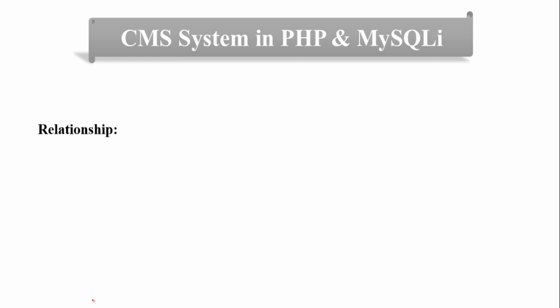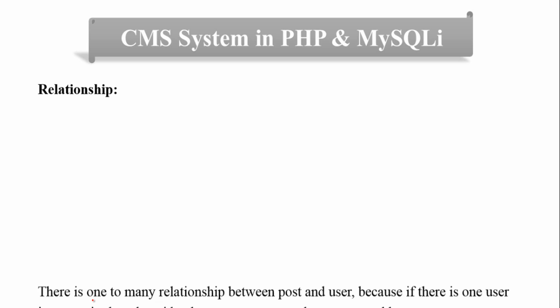Another very important topic is relationship. Relationship means a relationship between two entities. Post is an entity, a real world thing, and user is also an entity. We will discuss the relationship between these two entities here.